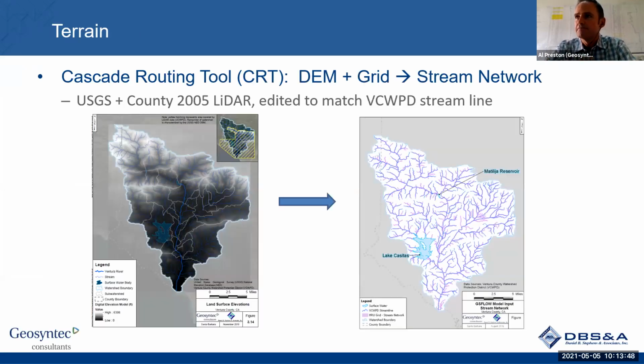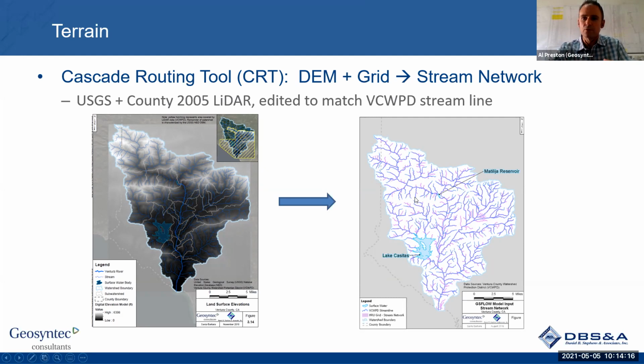So we take a DEM, or digital elevation model. We use USGS data for about half of the watershed, mostly the mountains, and we use some 2005 county LIDAR where it was available, which was the flatter portions of the watershed. We run it through a cascading routing tool, which was developed by the USGS, and it then defines a stream network.